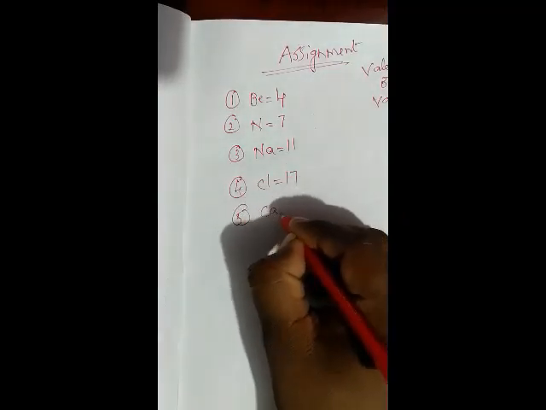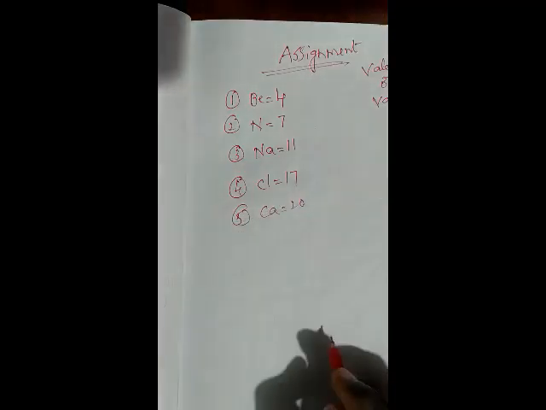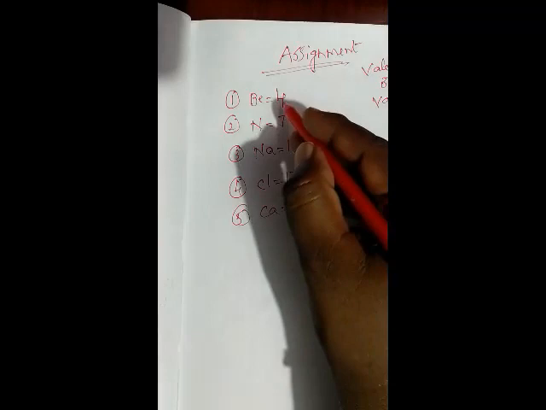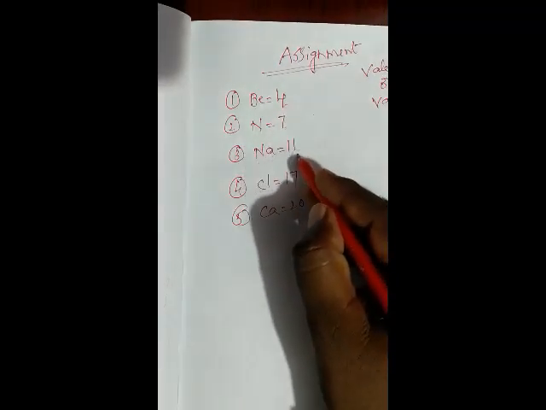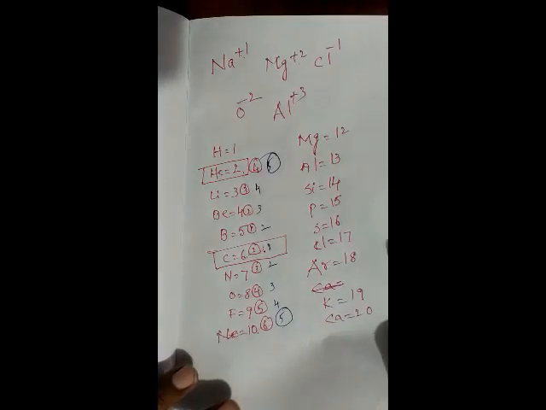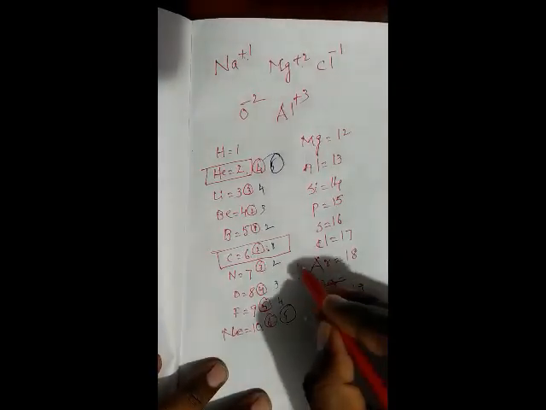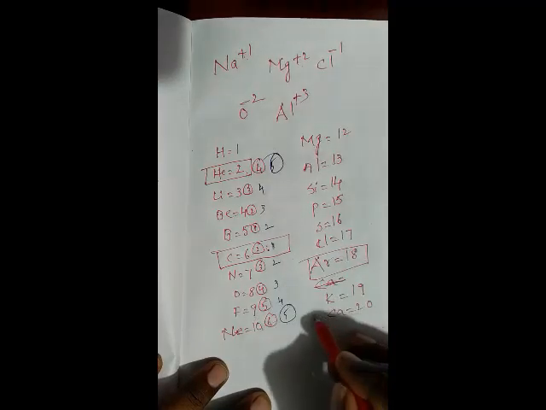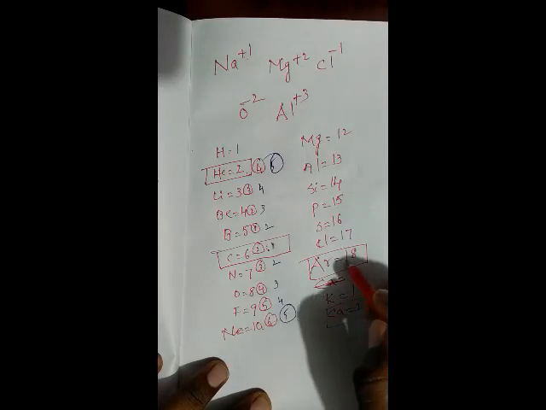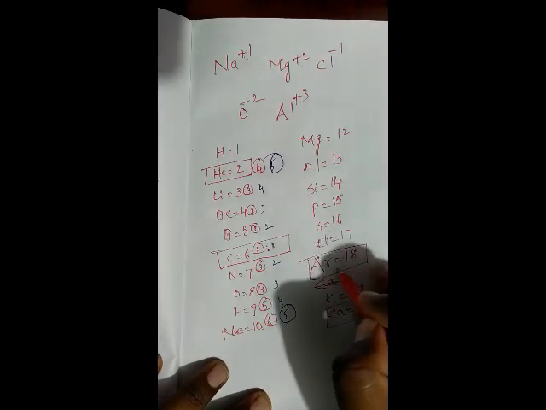Find the valency of a calcium atom. So see here, atomic numbers 4, 7, 11, 17, 20. Near calcium, the inert gas is argon. Near chlorine, the inert gas is argon.